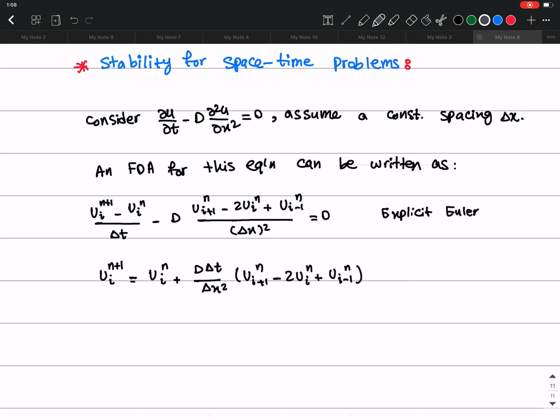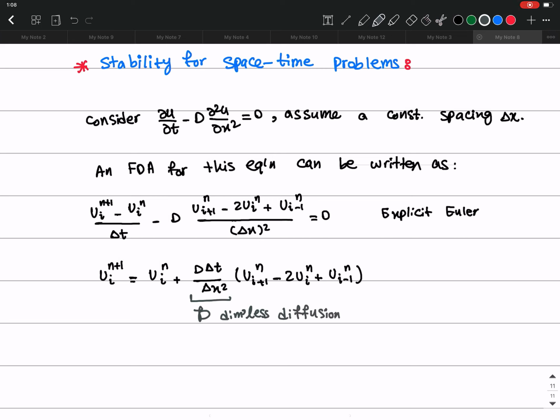And then I will define this as a dimensionless diffusion, right? Because this is dimensionless. If you calculate it, it will be dimensionless.